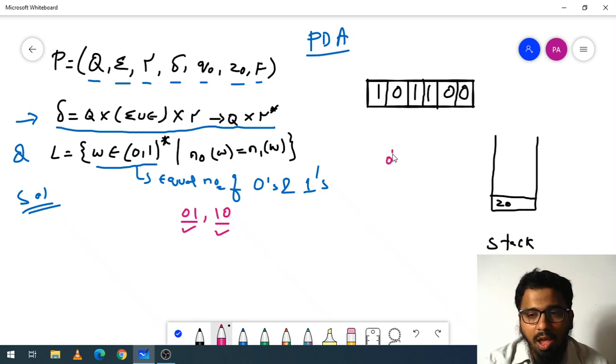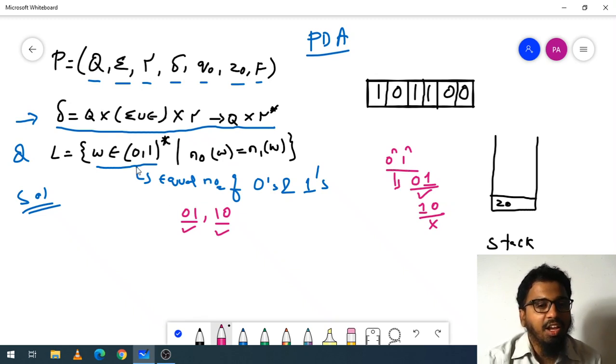If it were, this condition would be false, because every time the 0 should come first. If we go with 1 0, this is not valid under that condition. But here it gives (0,1) whole closure, which means just an equal number of ones and zeros in any order. You can get the first 0 or the second 0.